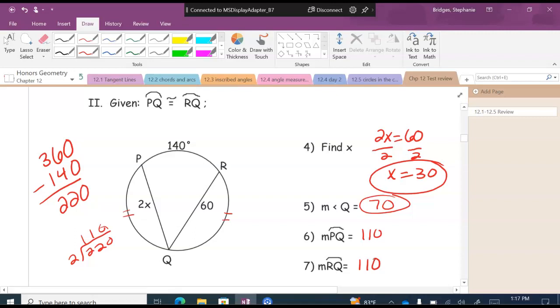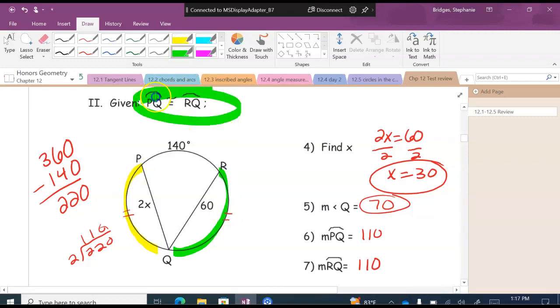So I was trying to find the measure of this arc and then also the measure of this arc. We know that they're the same because it told me that right here. So a full circle, how many degrees is a whole circle? 360. So what I did was I took out this part, which is where I got the 220 from, right?